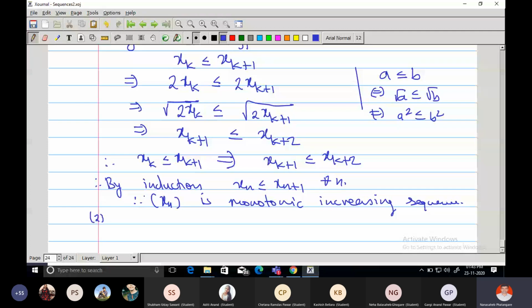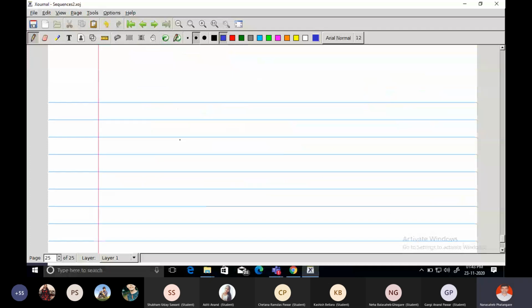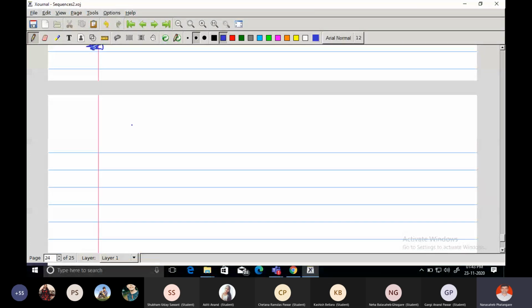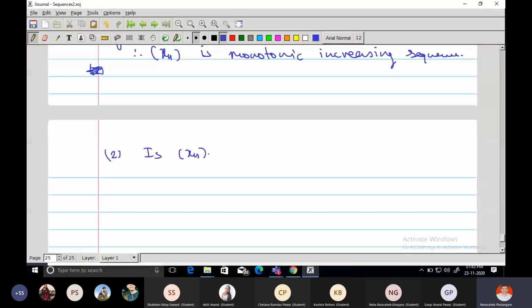Monotonic increasing is fine, but it may go to infinity. If there is no number which stops these terms, then it might go to infinity. So the next question could be, is xn bounded above? Right. So this is the question.